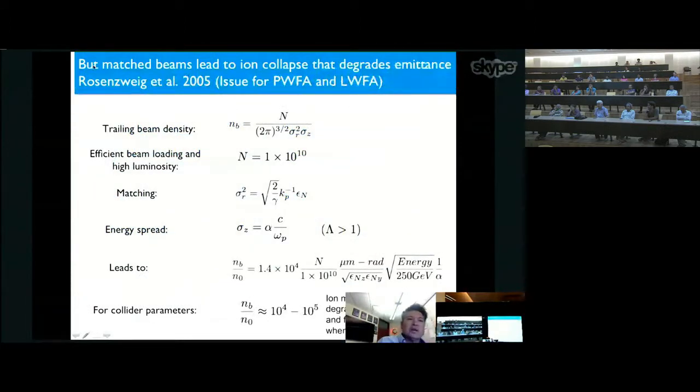But this is a point, I'm not sure how familiar everyone is there, but matched beams lead to ion collapse. Let's see what I mean by that. If you look at a trailing beam, the beam density is the number of particles divided by the spot size squared and the pulse length. I need about 10^10 particles for a collider application.